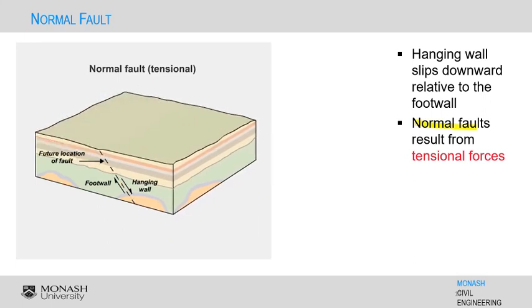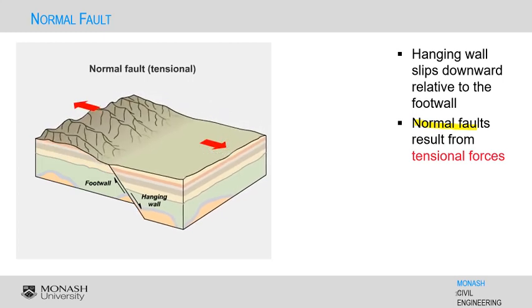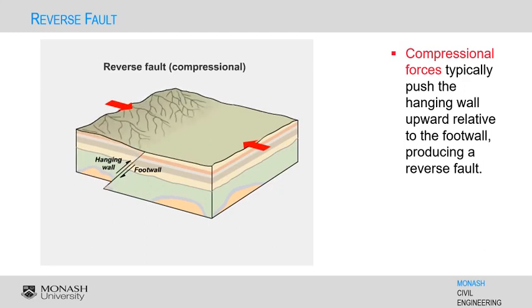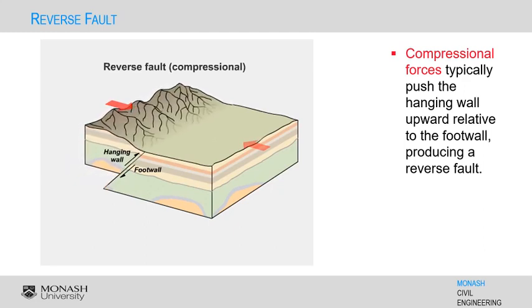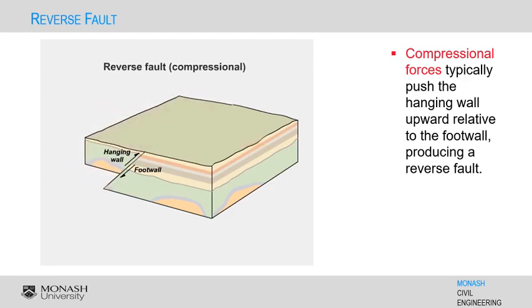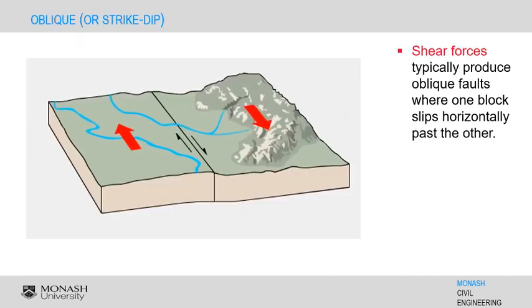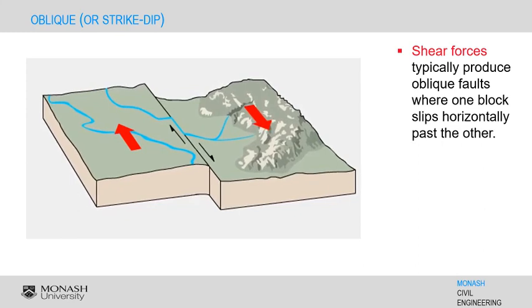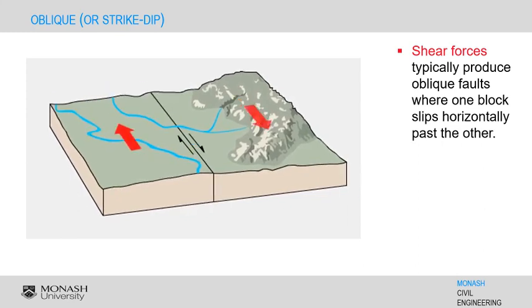Normal fault results from tensional forces. Compression forces typically push the hanging wall upward relative to the foot wall, producing reverse fault. Shear forces typically produce strike-slip faults, oblique faults, where one block slips horizontally past the other.